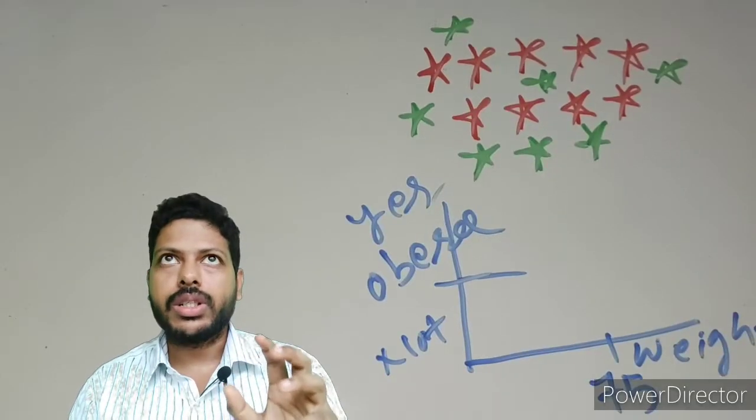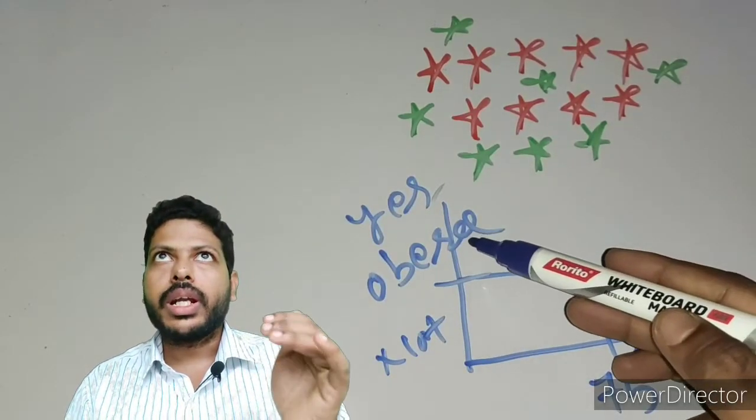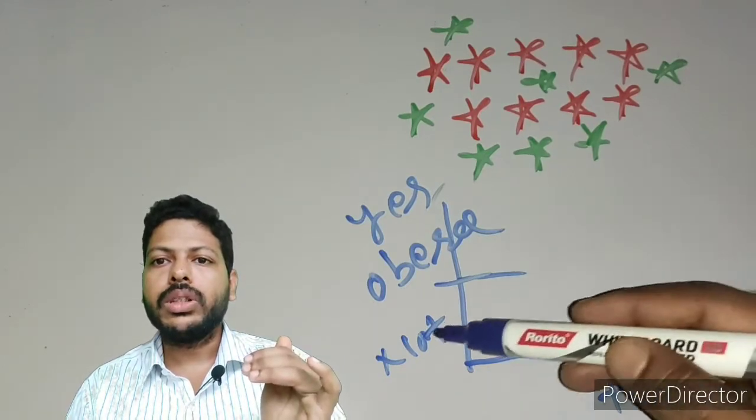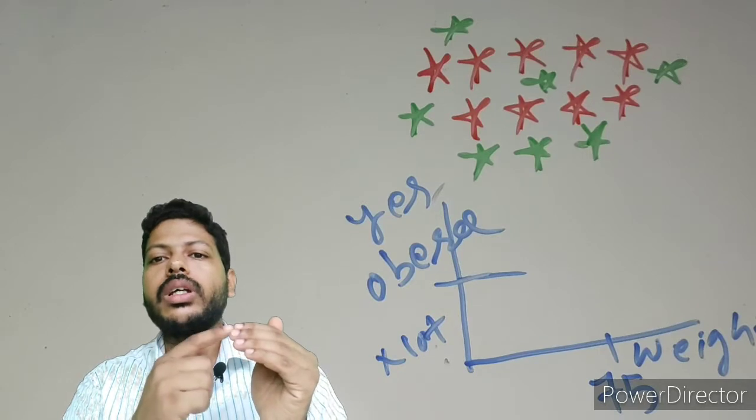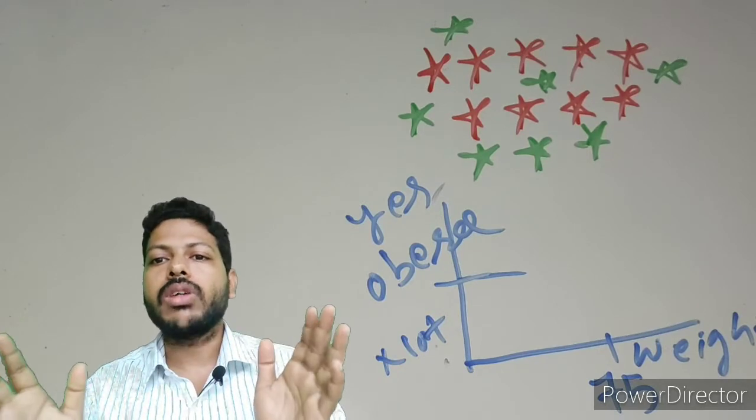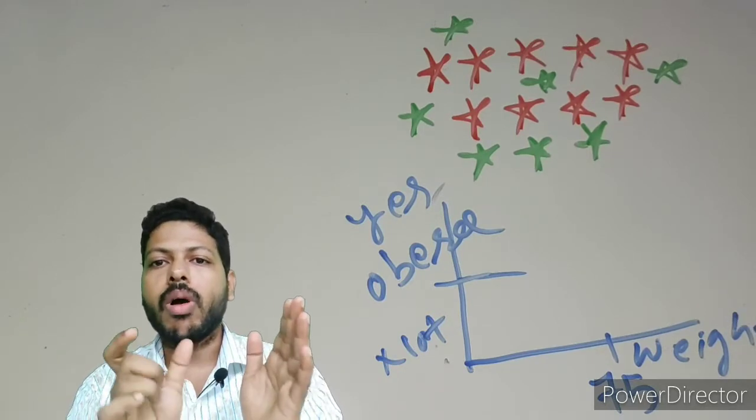the no category. Suppose it is an obesity data set. We are receiving weight as input, and out of that weight we are classifying whether the person has fatness or not. Fatness means obesity.